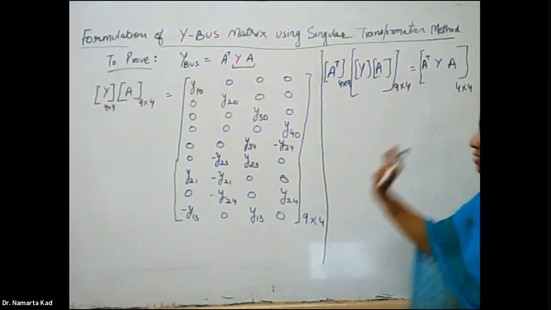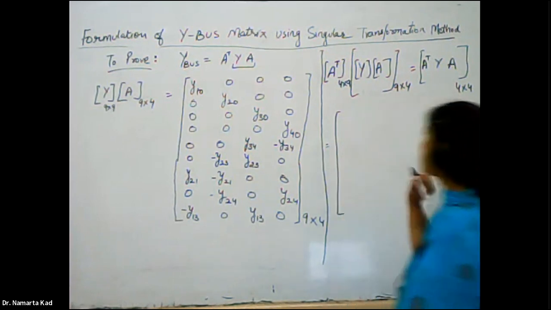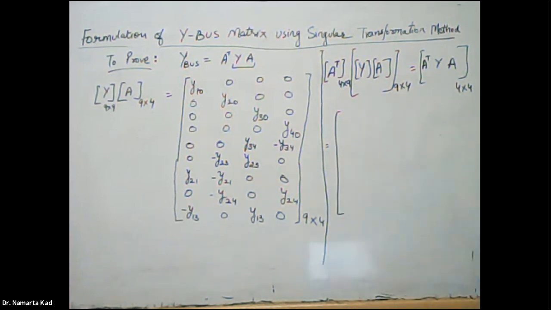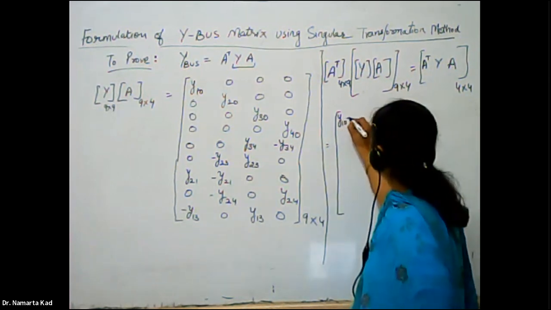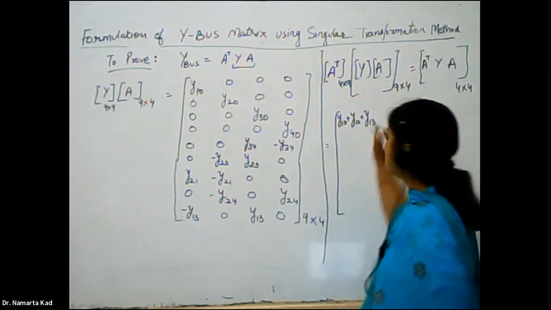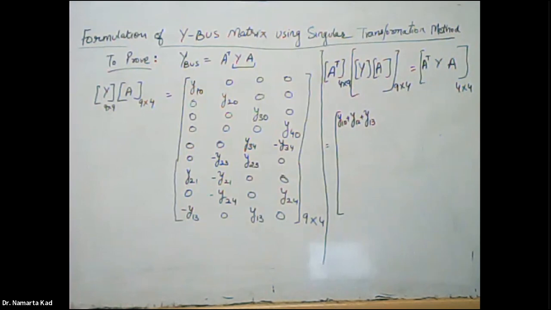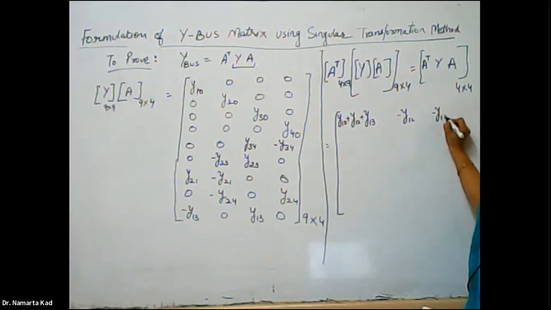And what is the final answer? Here it is y10 plus y12 plus y13. The next element is minus y12 minus y13, and here it comes out to be 0.